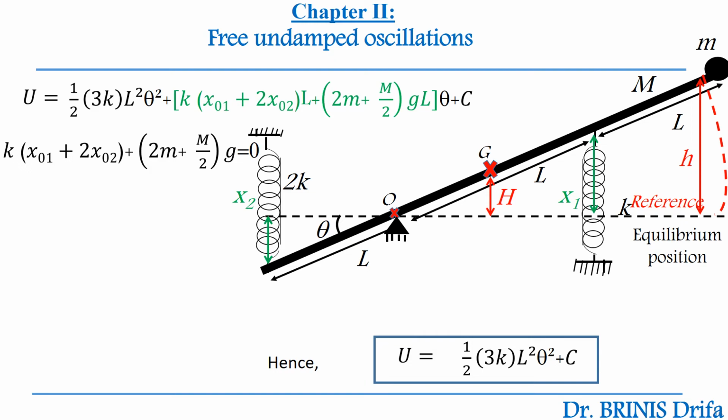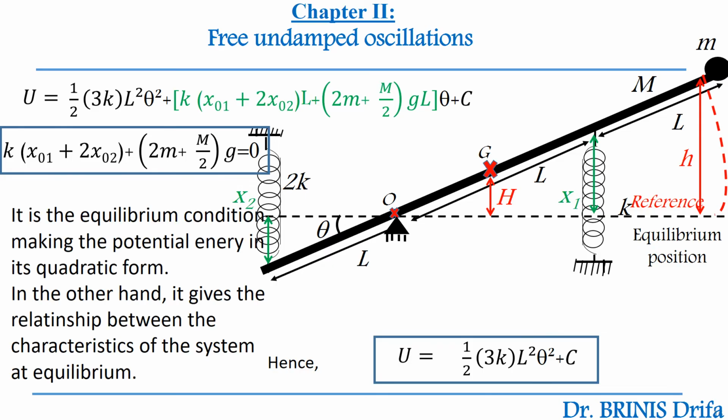I don't need theta. So this condition of equilibrium is very, very important, because on one hand it makes the potential energy take its quadratic form, and on the other hand it gives the relationship between the characteristics of the system at equilibrium.